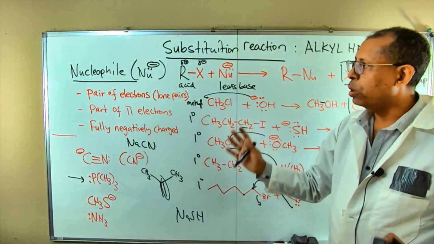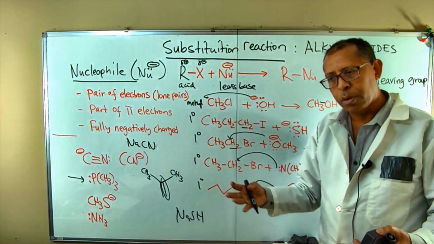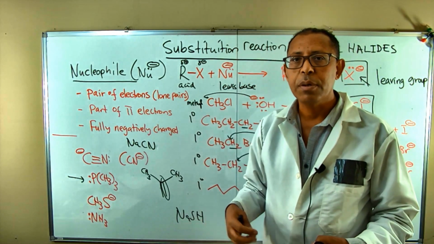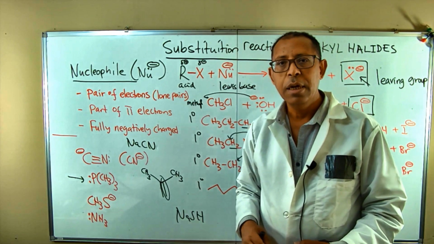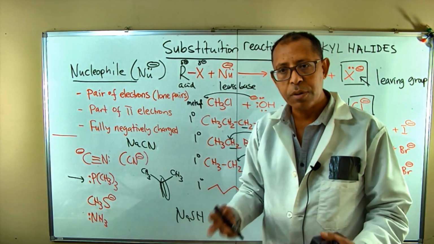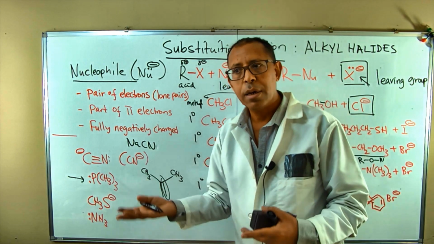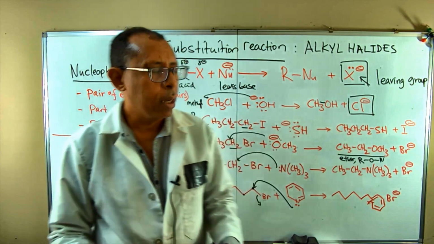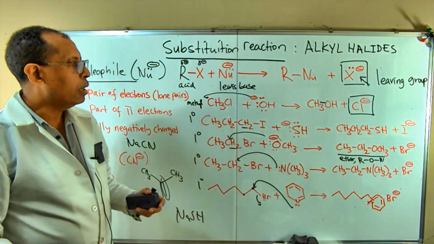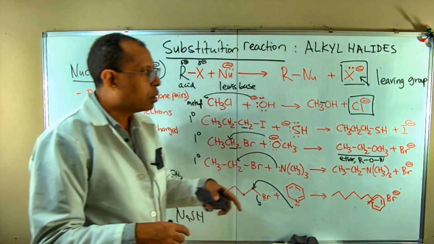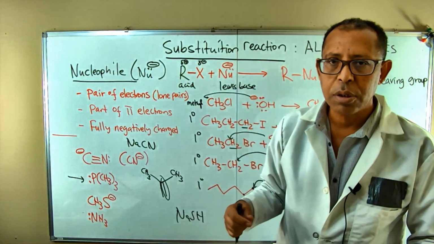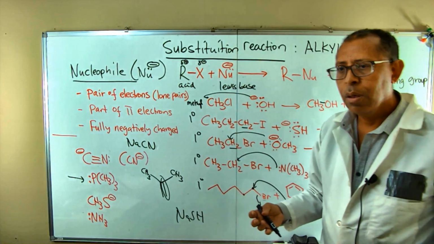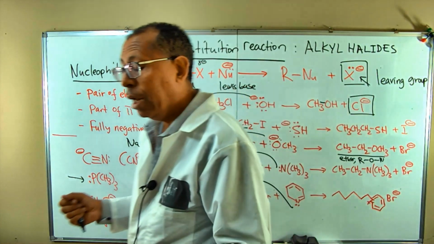So with this, we'll move on to see some of the characteristics of a leaving group, because that also is important in the substitution reaction. There are good leaving groups and bad leaving groups, and the reaction might not go as indicated. So the next section will show you the characteristics of a leaving group.